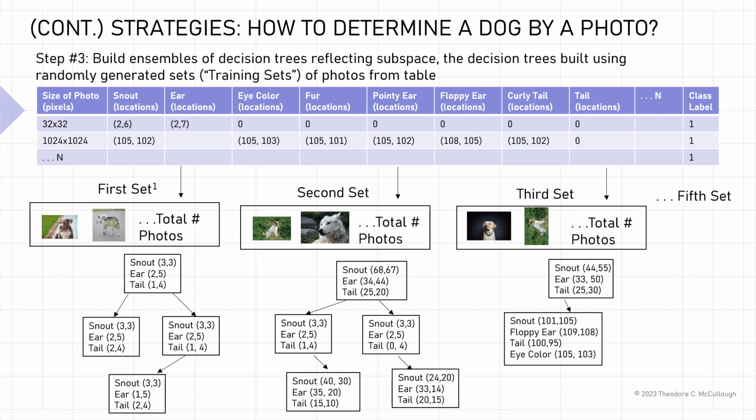And you're going to do that for each one of the decision trees. So here we have 5 subspaces and 5 sets of data. And then from that, again, we're going to generate decision trees. These decision trees are really going to have data around the particular features of the photo. So you're going to have within a decision tree, for example, the features of eye color, tail, floppy ear, snout, ear, tail, etc.